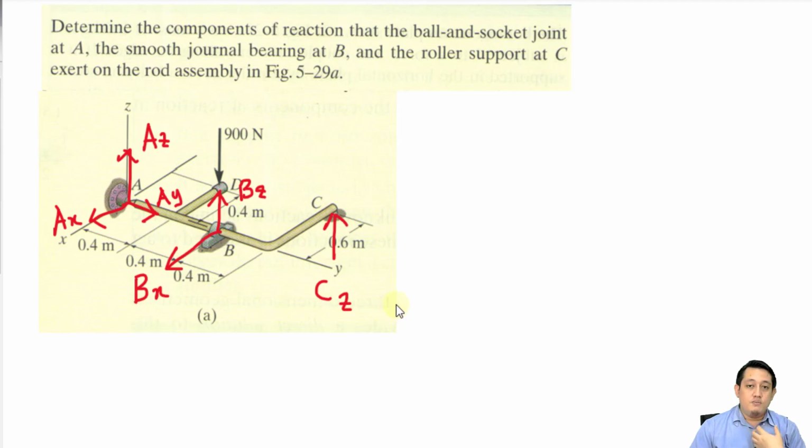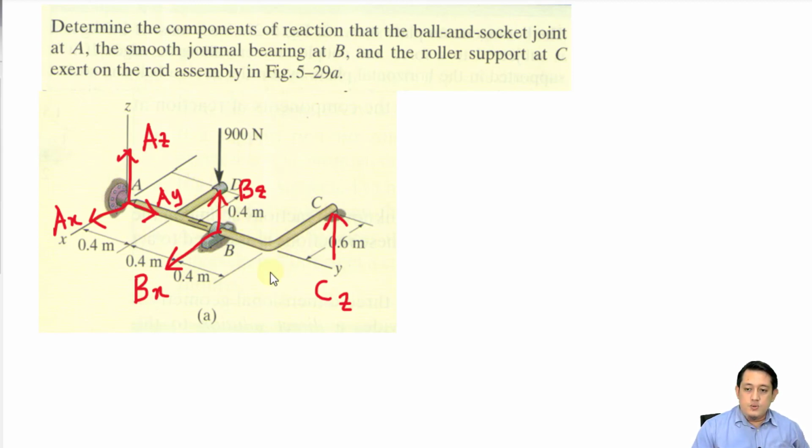But personally, I prefer you to just use moment in 3D, so that you can use this one method only to solve any question. For 2D calculation, it depends on the question. But for 3D, I can say that most of the questions can be solved using moment 3D. So let's use moment 3D.